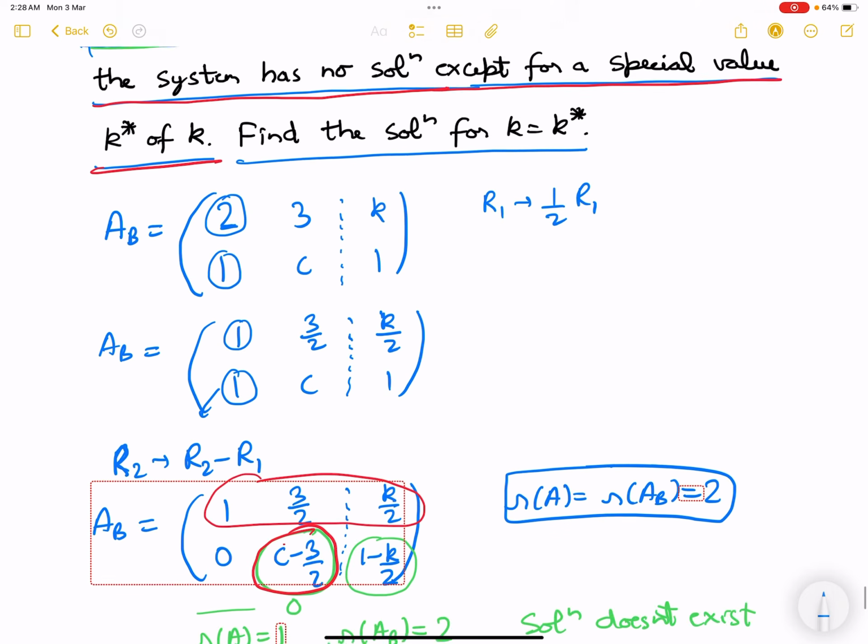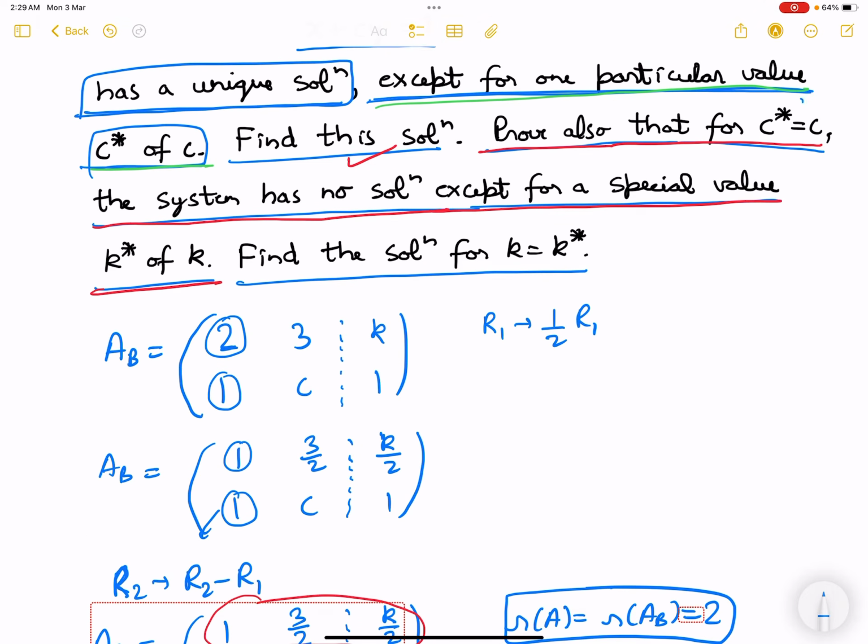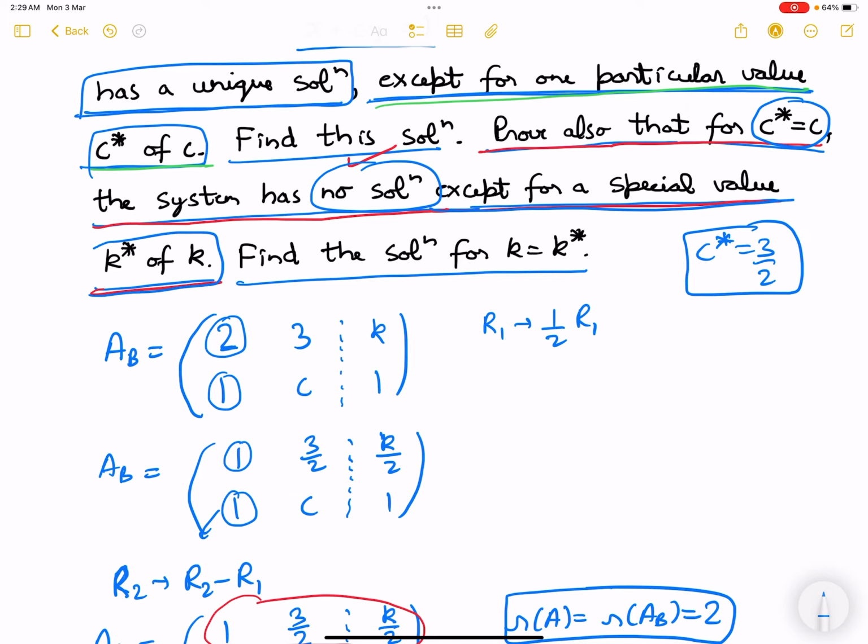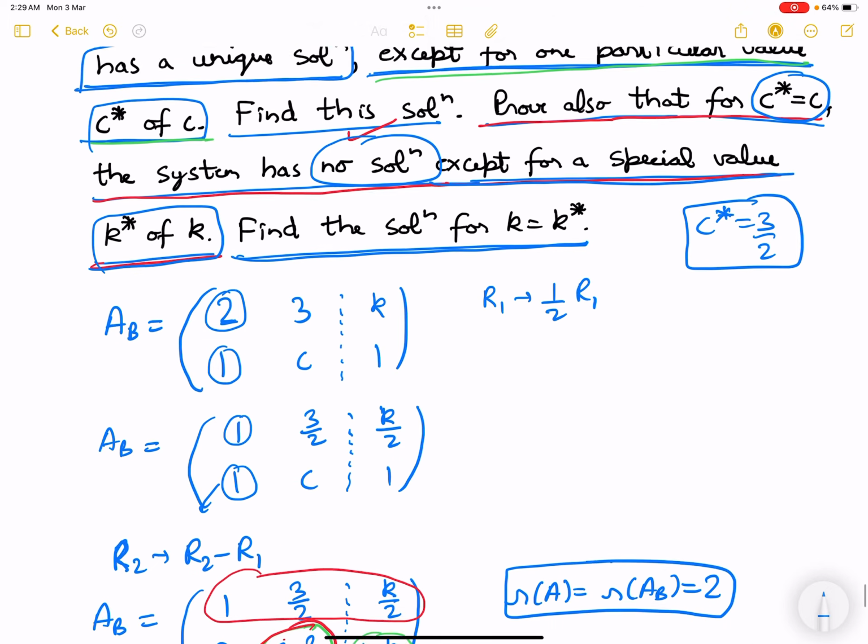Now what they are asking is that for C star equals C, which we found, our C star 3 by 2, at that value too the system has no solution except for a special value k star of k. Find the solution for k equals k star.